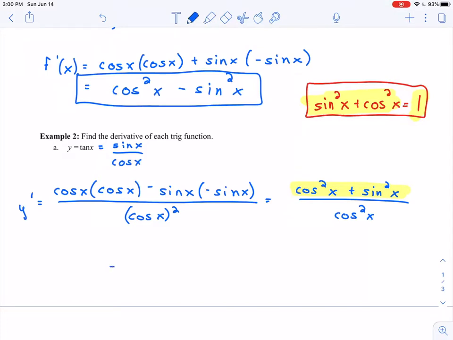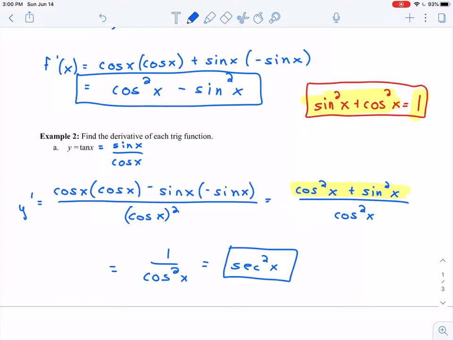So this is equal to 1 over cosine squared x, which we could probably leave our answer there, but it would look a whole lot nicer if we didn't have division. I know that the reciprocal of cosine of x is actually secant of x. So this is secant squared x.